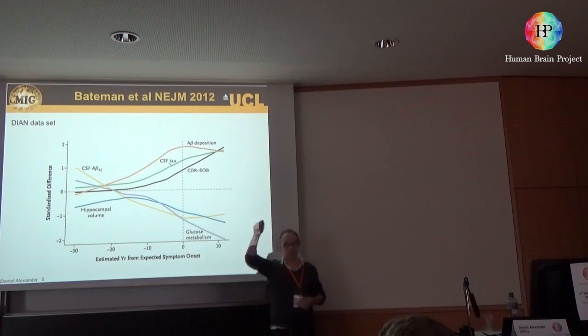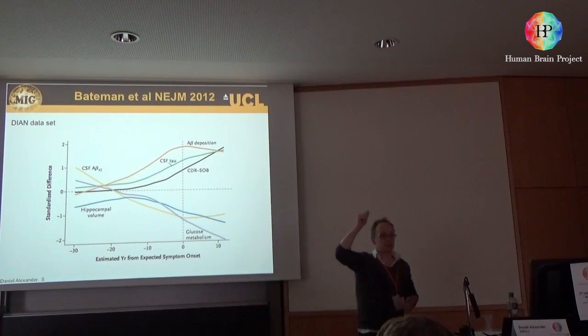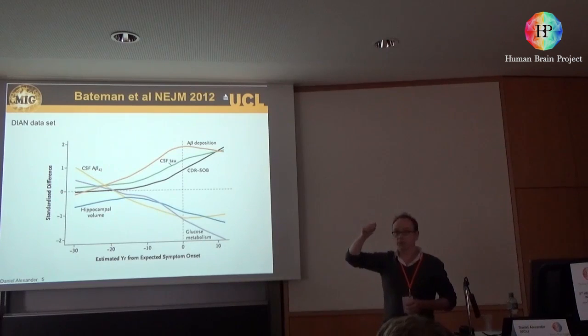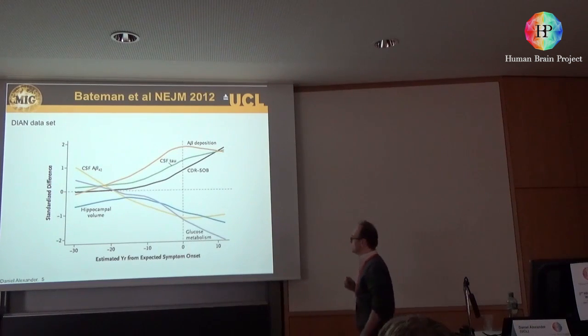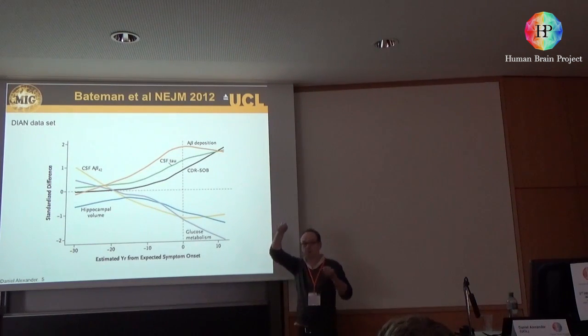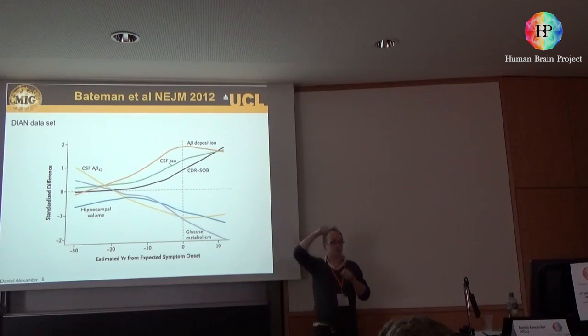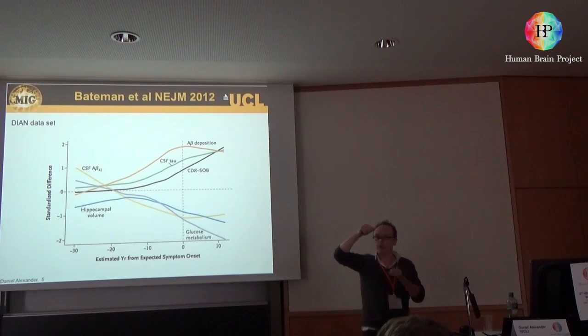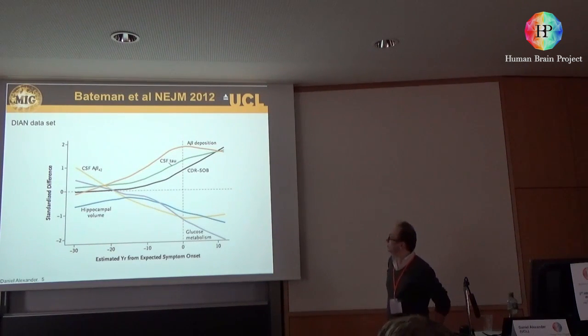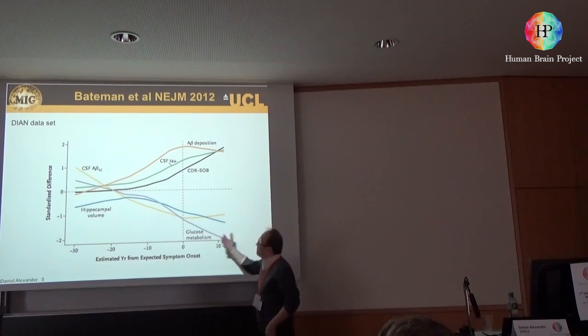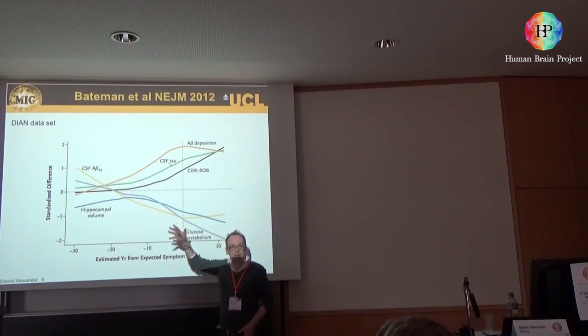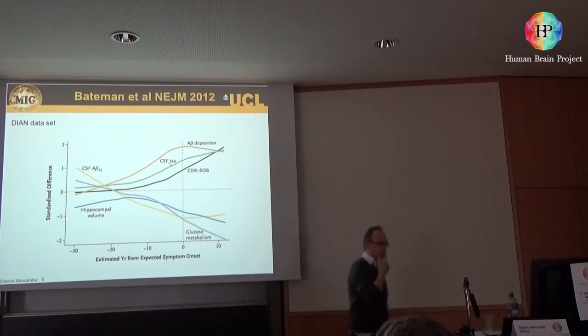Basically, it comes from looking at the parent of the patient to see at what age they first presented with clinical symptoms. So first of all, it's an imperfect measure because you don't know exactly when the clinical symptoms started. And then, of course, there can be departures between the parent's time of onset and the child's time of onset. But nevertheless, it does give us some picture of how these different biomarkers evolve.